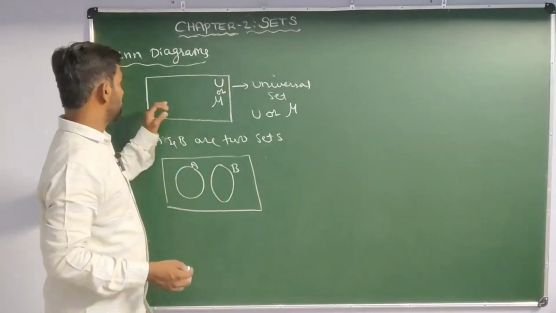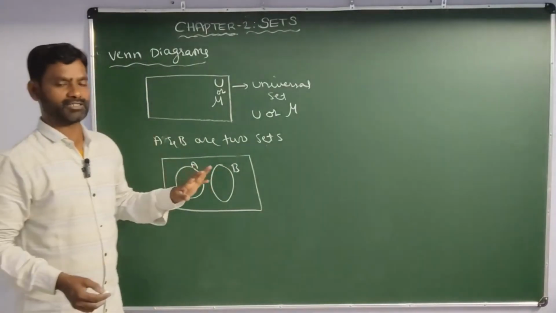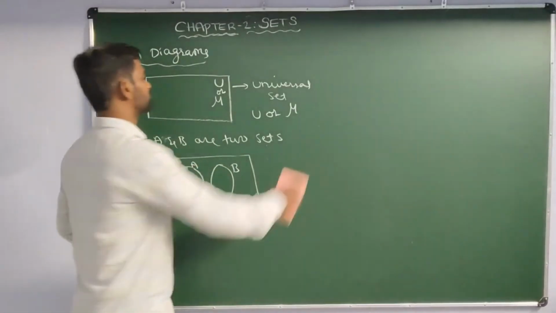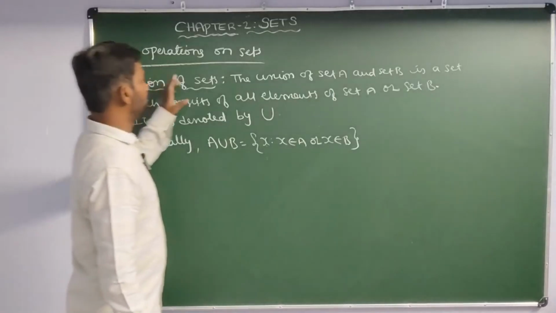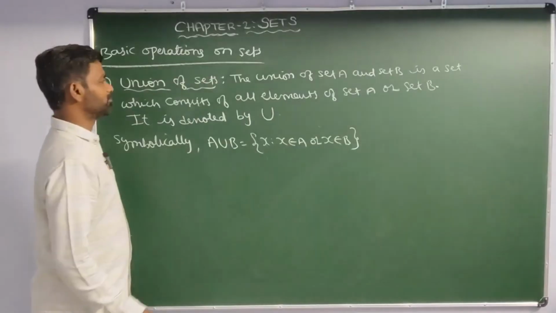Now by using this Venn diagram, we are going to perform some operations. So let us see the operations. Next, basic operations on sets. In that, first one, union of sets. What is meant by union of sets?